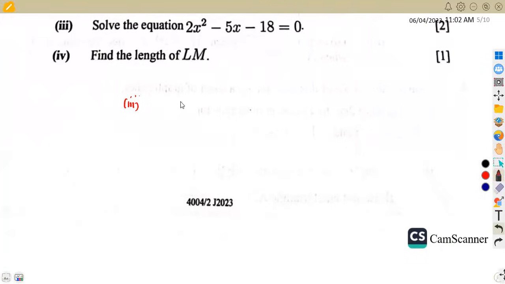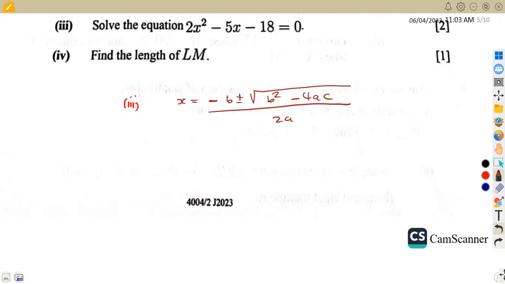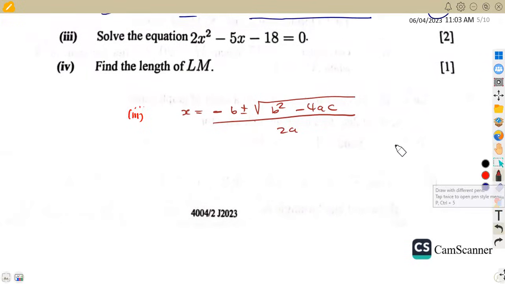All right, so applying the quadratic formula, x is equal to minus b plus or minus the square root of b squared minus 4ac, everything over 2a. All right, so from our equation here, a is going to be 2, b is going to be negative 5, c is going to be negative 18.